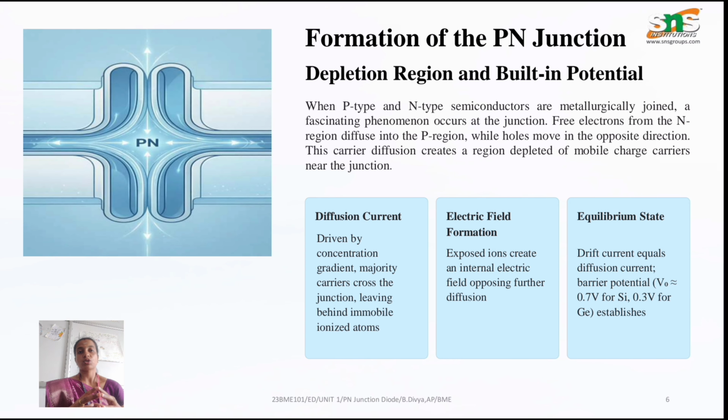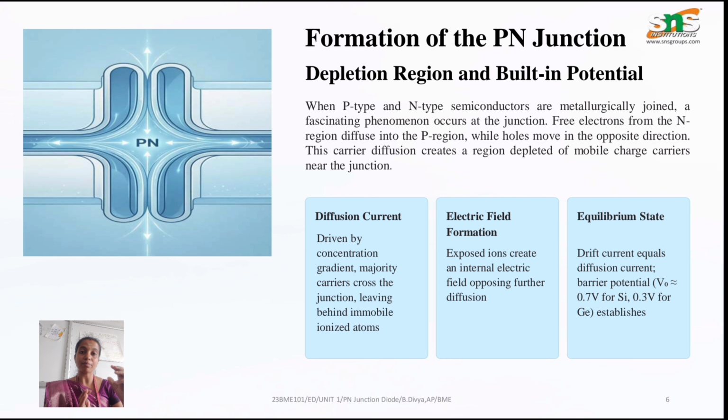Formation of the PN junction, depletion region, and built-in potential or barrier potential. How does it form? As I told you already, P-type and N-type semiconductors combine together to form a PN junction diode. The P-type semiconductor contains holes as majority carriers, and the N-type contains electrons as majority carriers.